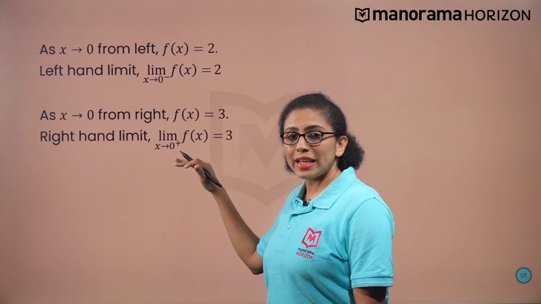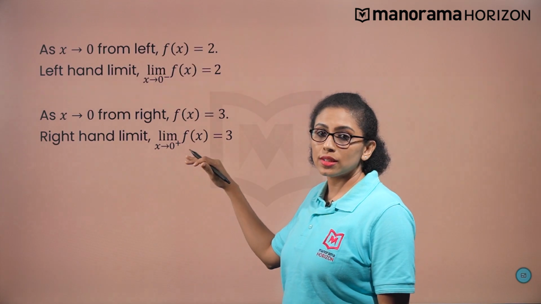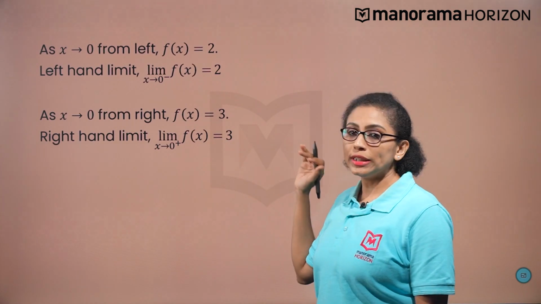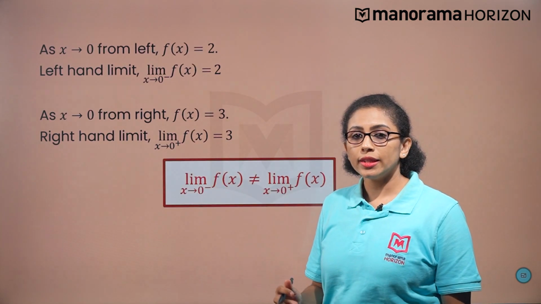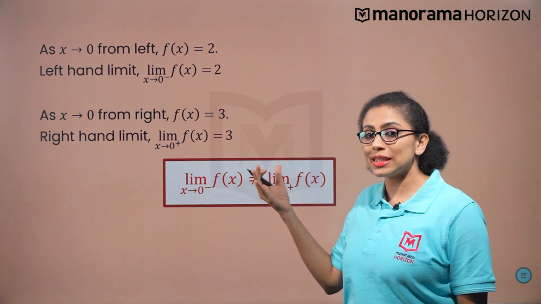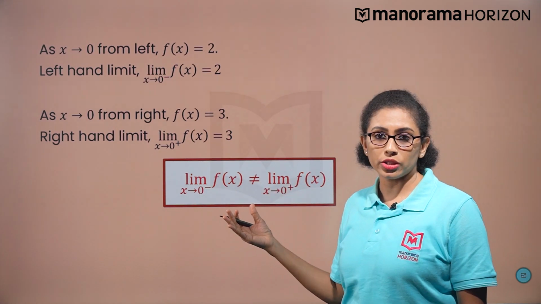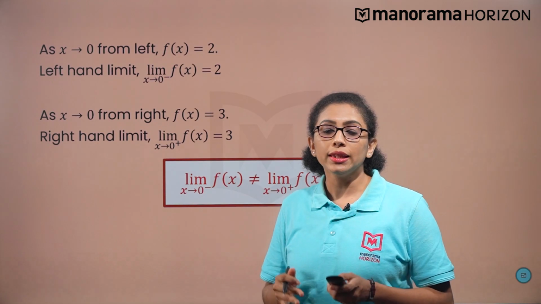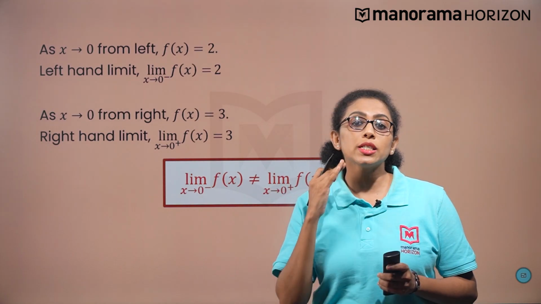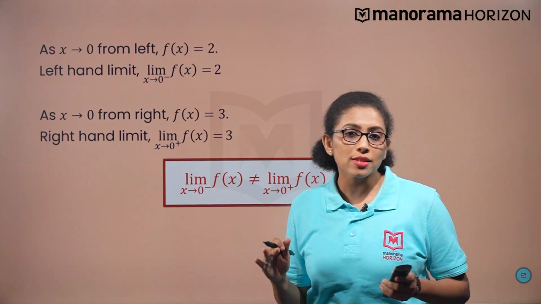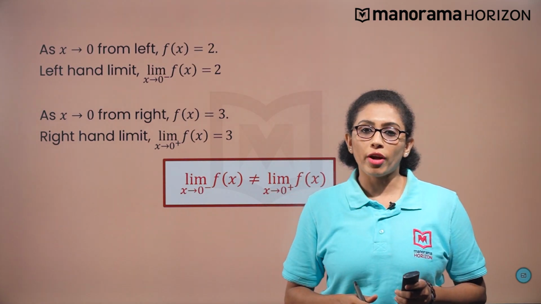So that is limit x tends to 0 plus f of x is equal to 3. In this case, the left hand and the right hand limits are different. Hence, we can say that the limit of the function as x tends to 0 does not exist even though the function is defined at 0.